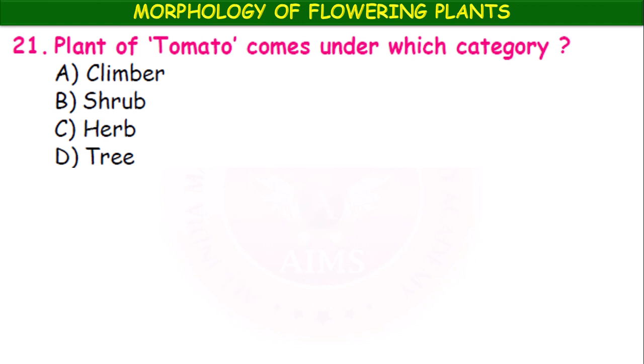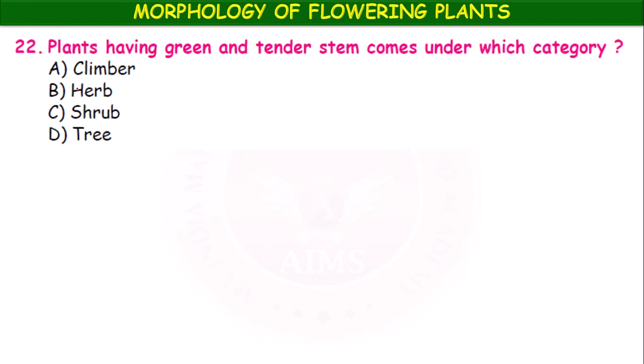Plant of tomato comes under which category? Plants are categorized into herbs, shrubs and trees. Here climber, shrub, herb, tree is given. What is the correct option? The tomato comes under the category shrub. Plants having a green and tender stem come under which category?